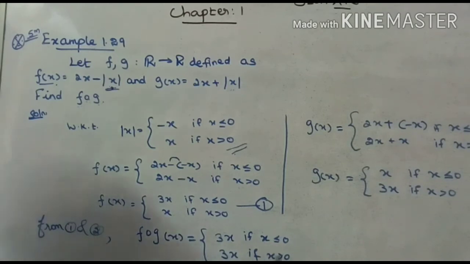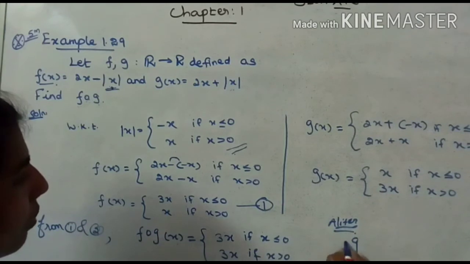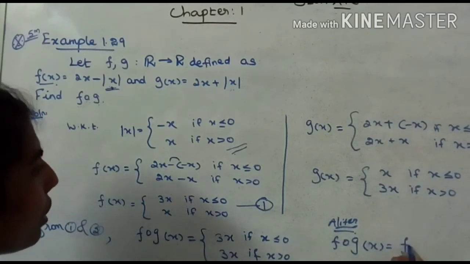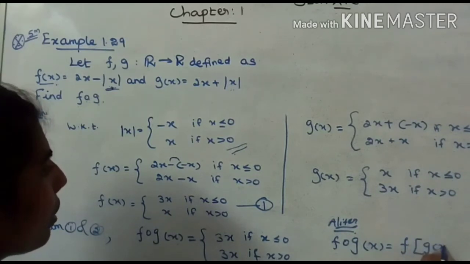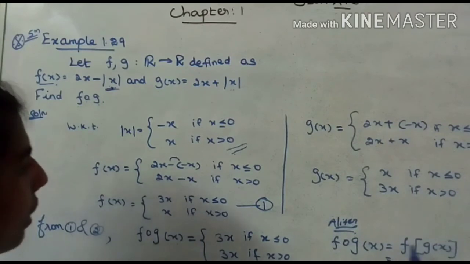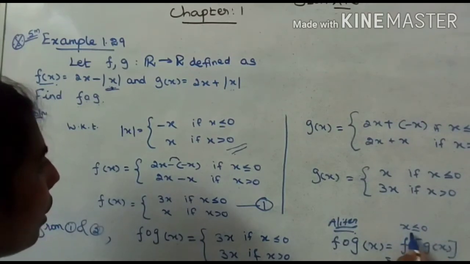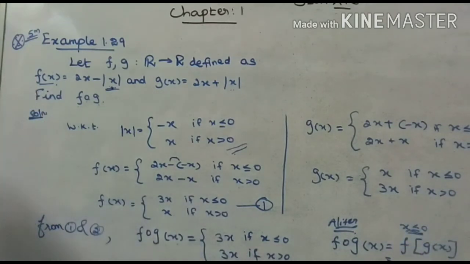This is one of the methods. Another method is step by step. We use the steps and do it. So g composite with f of x equal to, you write the definition, f of g of x. We use the first interval, x less than or equal to 0, first. g composite with f of x equal to f of g of x.